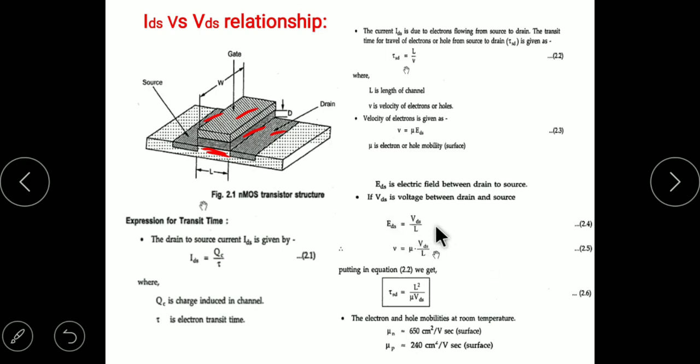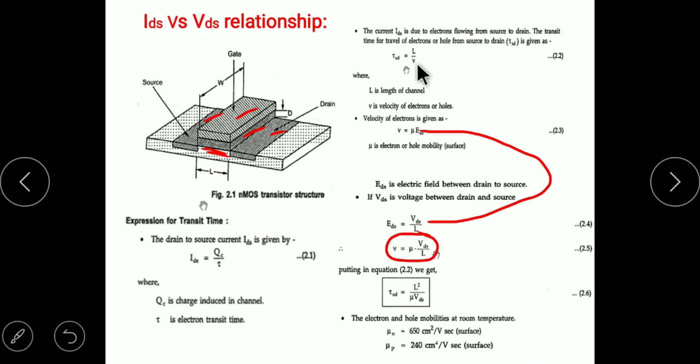If you substitute EDS equal to VDS by L, then v is equal to mu into VDS by L. And we know that the transit time tau SD is equal to L by v. What is v?